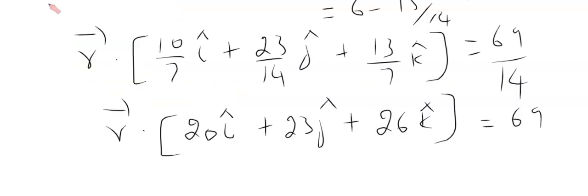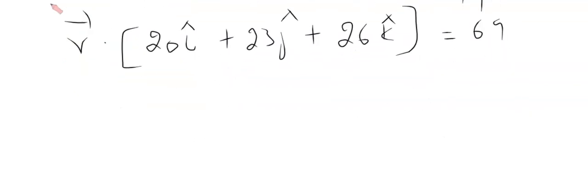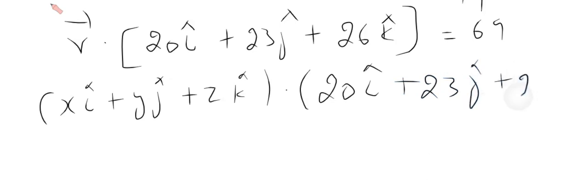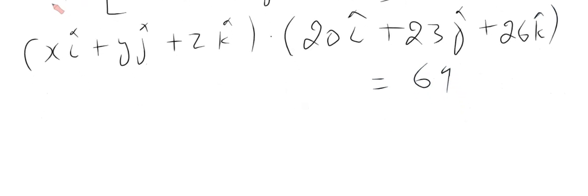Now, we know r vector is nothing but x i vector plus y j vector plus z k vector dot 20i plus 23j plus 26k is equal to 69. Now we know i dot i, j dot j and k dot k is 1.